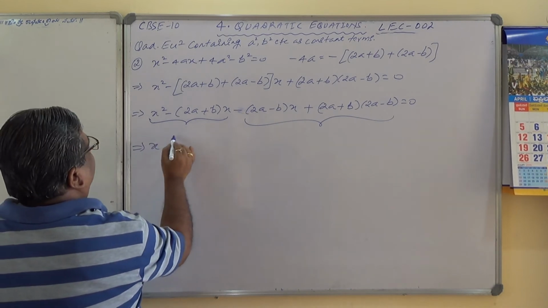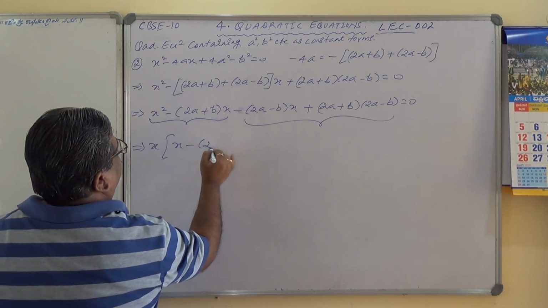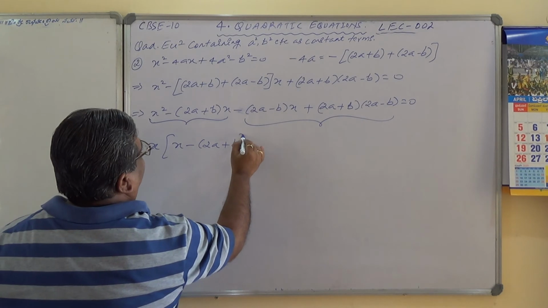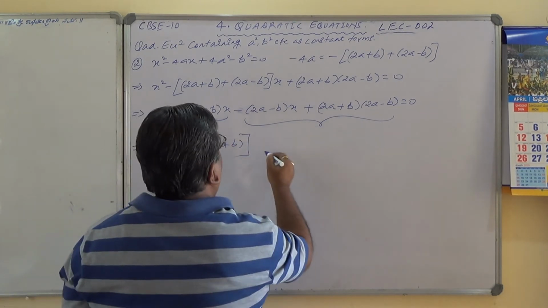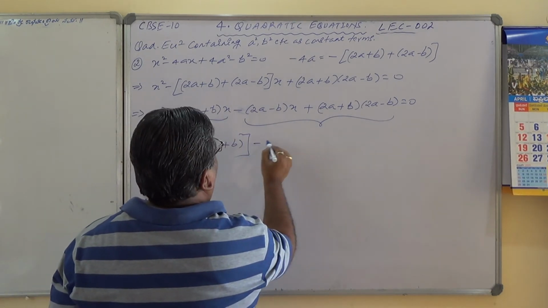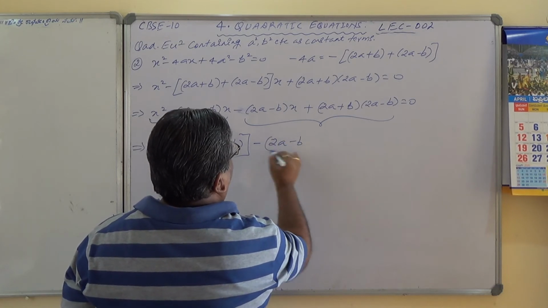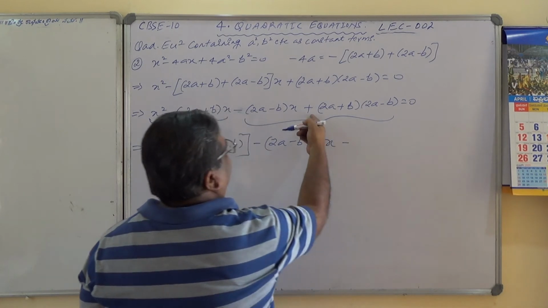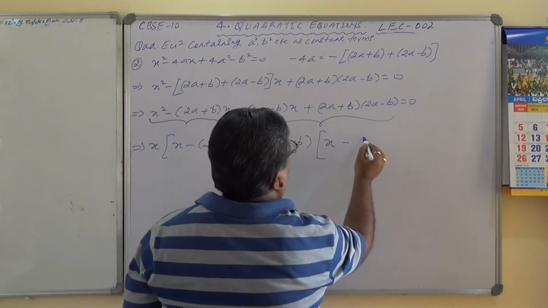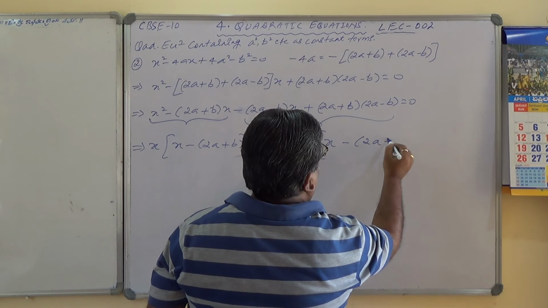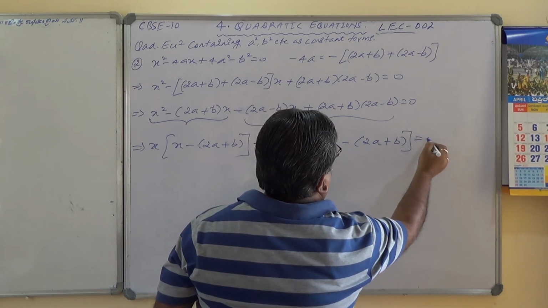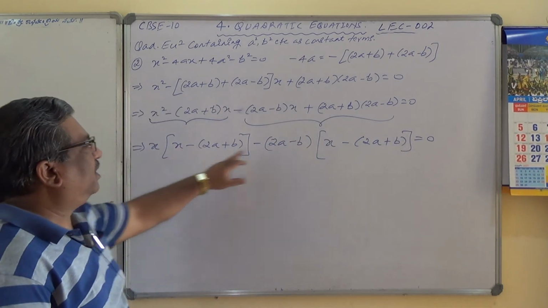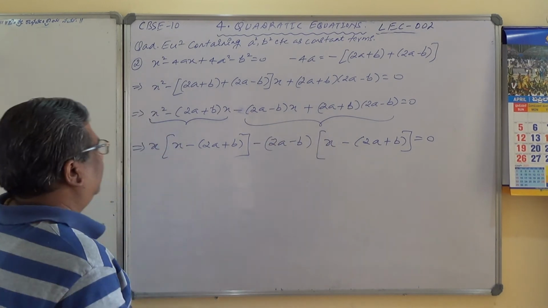X is the common. X minus 2a plus b. What is the common out of this one? 2a minus b is a common, minus of 2a minus b is a common. So what is left inside? X minus here, because minus has gone out. So into bracket 2a plus b equals 0. Check now. These two terms should be equal, then only your sum is correct.